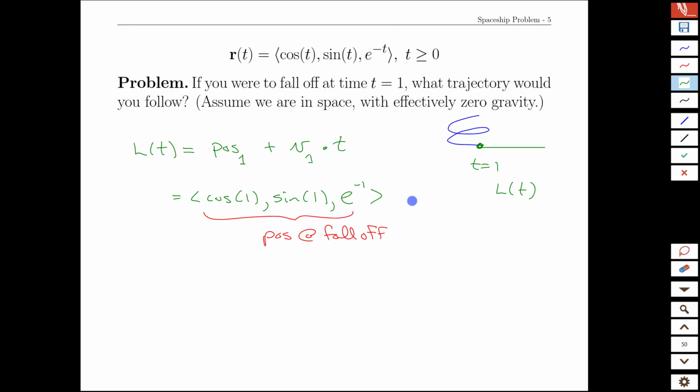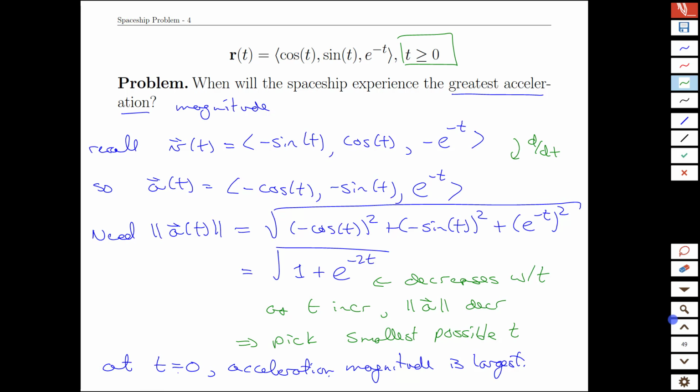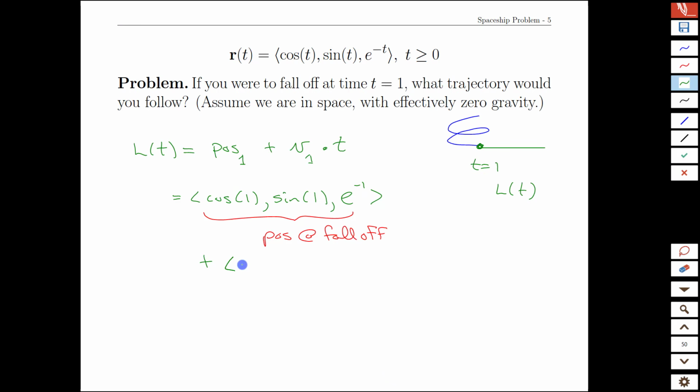And then we add to that our velocity vector, which we had a couple pages ago. Here we go. Negative sine, cos, negative e to the negative t. So negative sine of 1, cos of 1, and negative e to the negative 1. And we multiply that by time. And so that defines our trajectory.